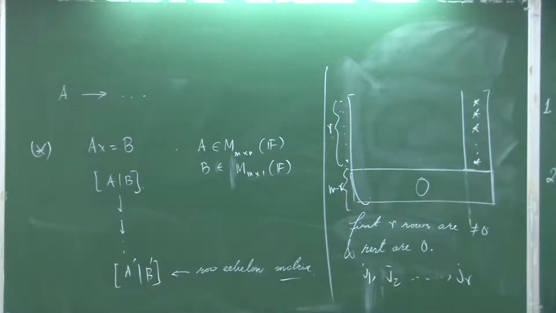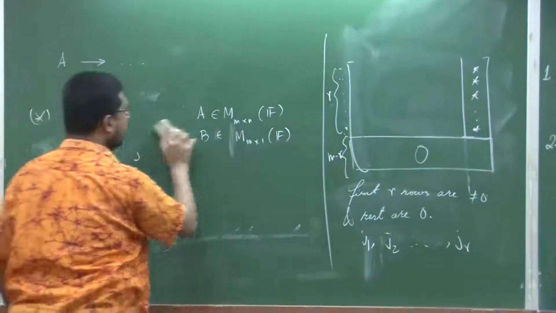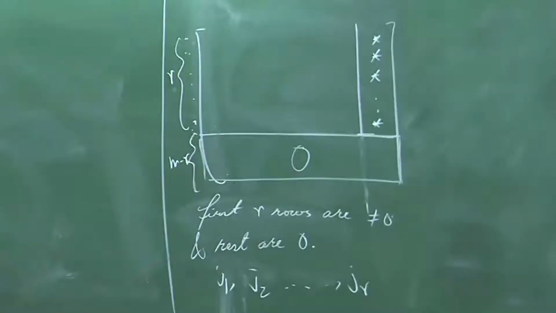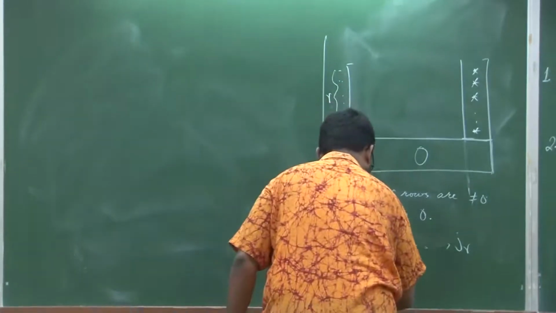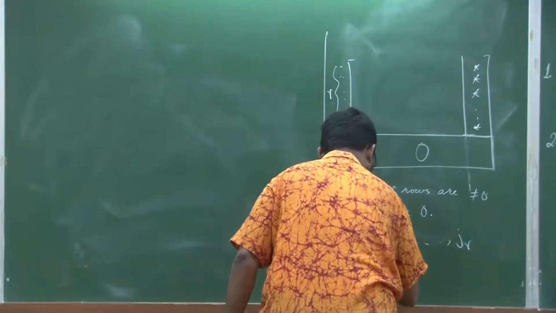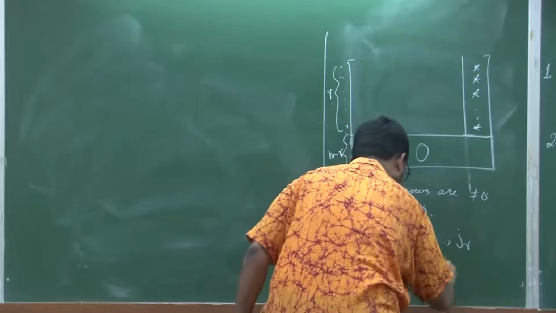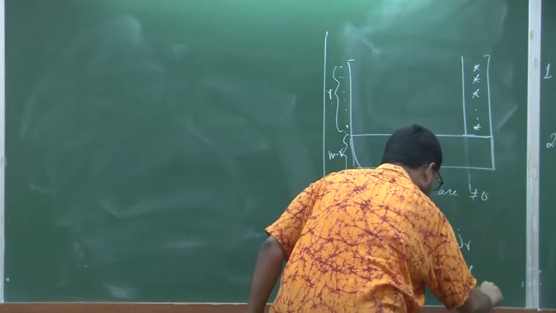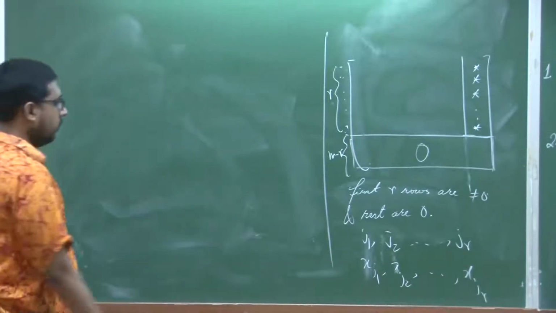Once that is there, the variables corresponding to these columns are xj1, xj2, up to xjr.